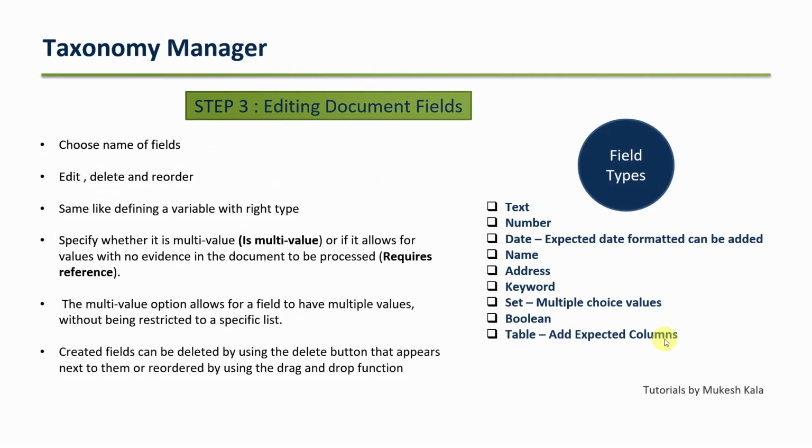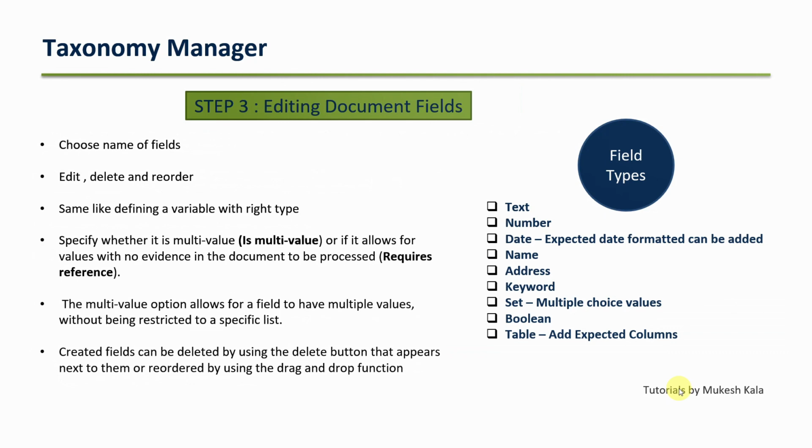Step 3 is editing the document fields. This step is optional for us as of now. Let's say we want to edit, delete or reorder; all of that we can also do in the taxonomy manager.